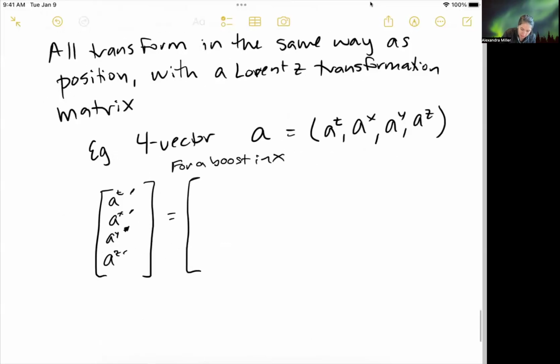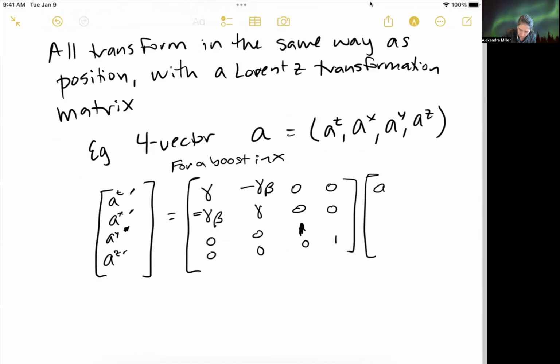If it's the same transformation, then it's going to look mathematically identical. Okay, so we can have lots of these objects, which are called 4-vectors, and the thing that unifies them is they all transform in the exact same way as we move between different frames of reference.